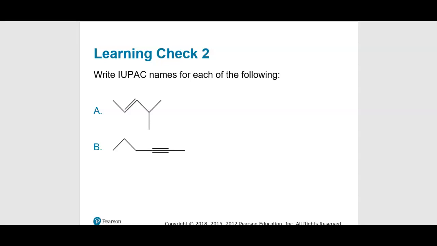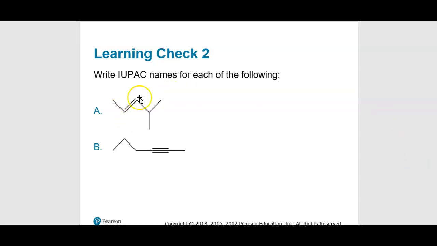You always look for the longest continuous chain containing the prime functional group. Now, when we have alkenes and alkynes, the numbering is fixed by the position of the double bond in that chain. So we're going to pick out the longest continuous chain, and you can count these things.